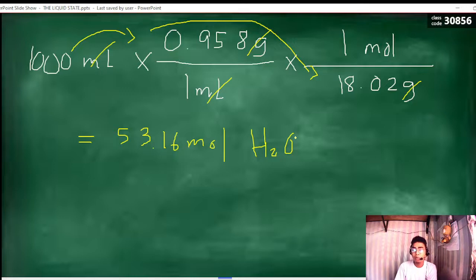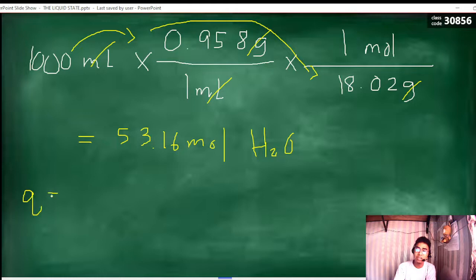Remember, our equation is Q equal to number of moles times molar heat of vaporization, or molar enthalpy change of vaporization, which is given as 40.7 kilojoule per mole. So Q is missing.